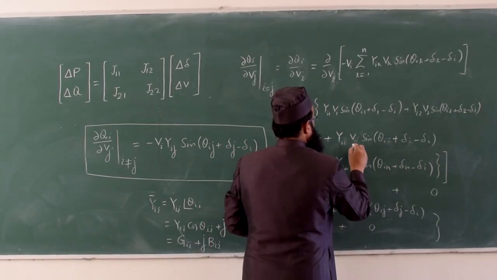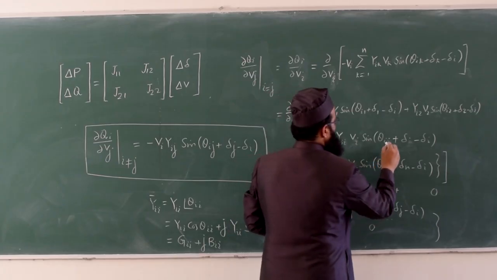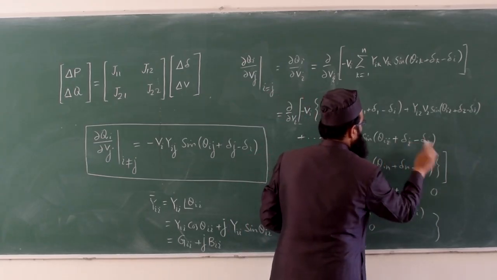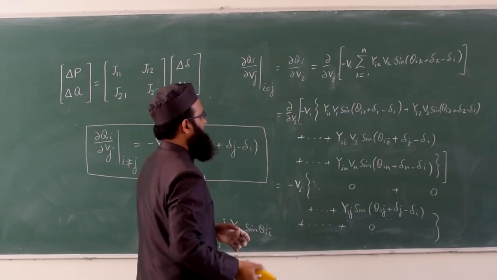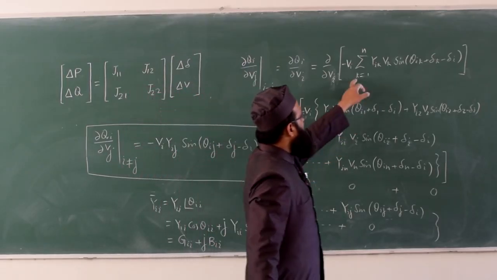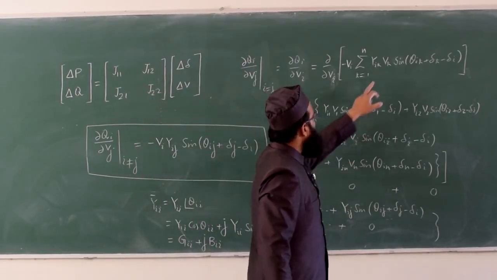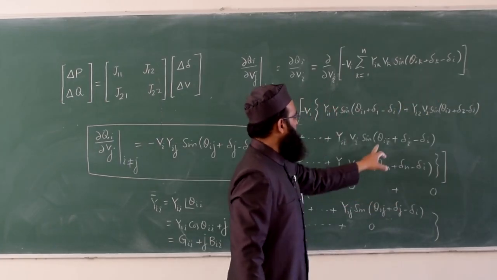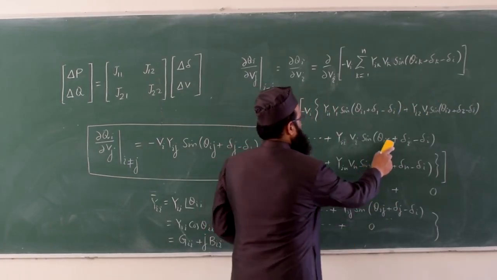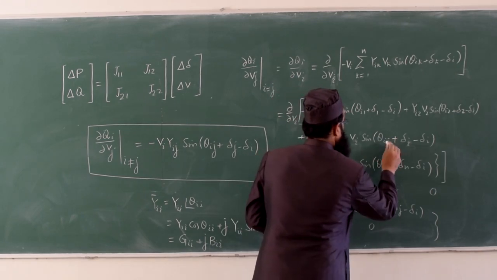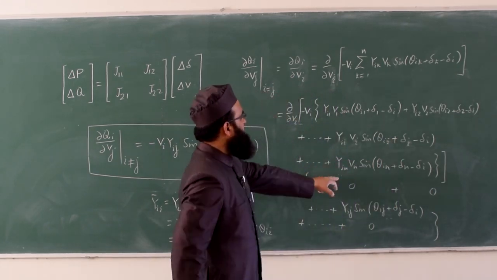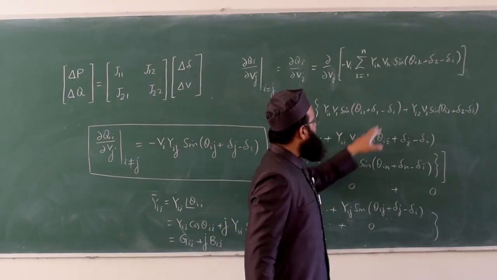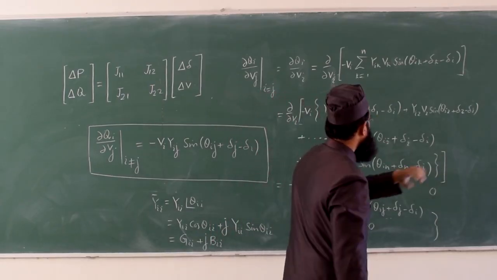So, Yii Vi sin of theta ii plus delta i minus delta i. Put k equal to i here. So, Yii Vi sin of theta ii, wherever k is there put i. So, we have written the ith term, and so on. So, the nth term: Yin Vn sin of theta in plus delta n minus delta i.